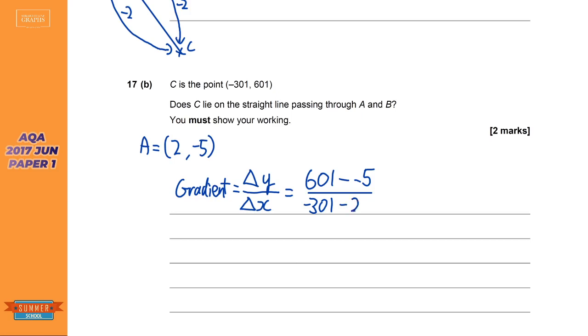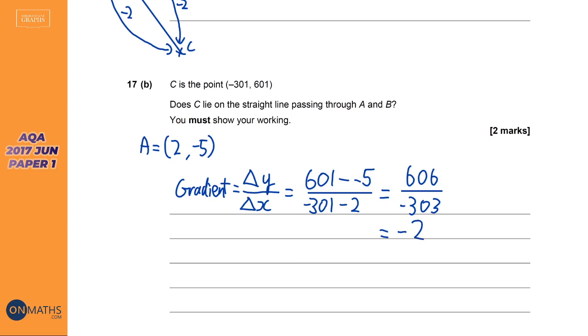So minus 2. 601 minus minus 5 is just add, so 606. Minus 301 take away 2 would be minus 303. Positive divided by a negative is a negative. And you can see here 606 divided by 303 is obviously going to be minus 2. And that's absolutely fine as a proof.